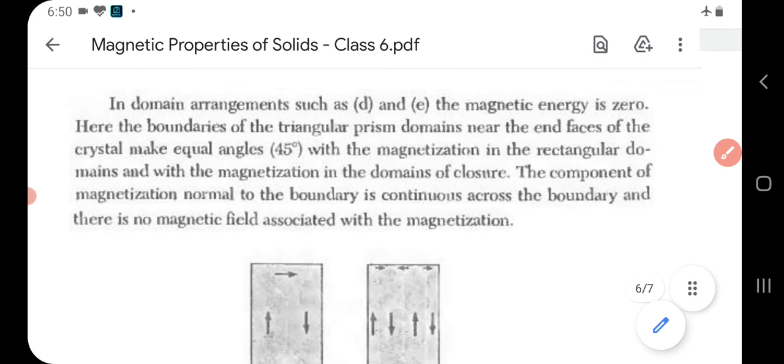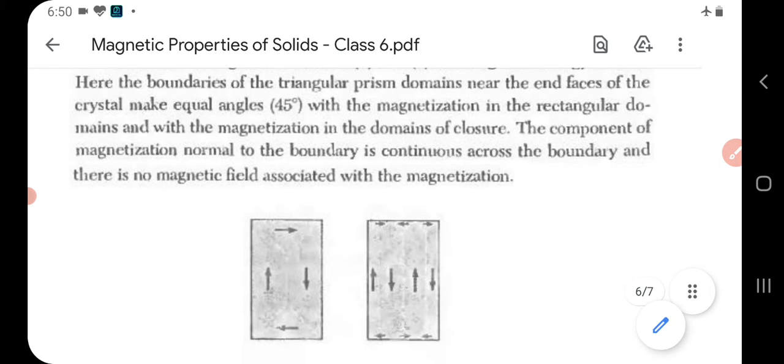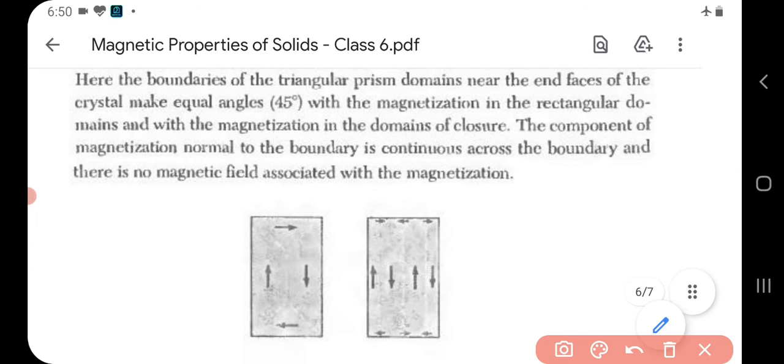Consider the domain arrangement in figure D and E. There the component of magnetization normal to the boundary is continuous across the boundary and there is no magnetic field associated with magnetization. These sentences you can skip, only write this sentence what I have marked. Okay.